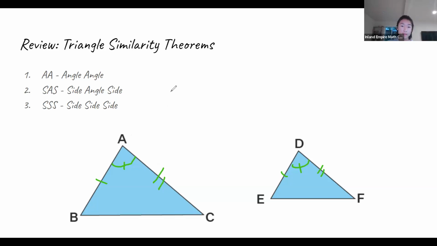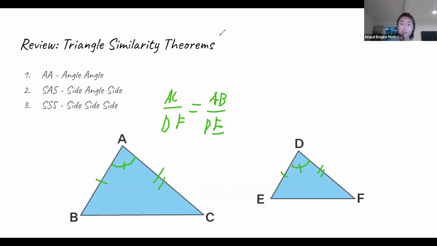So AC divided by DF, so we're looking at this side here divided by this side, the ratio of those two must be the same as AB divided by DE. If we know that, then again, we can deem these two triangles to be similar.